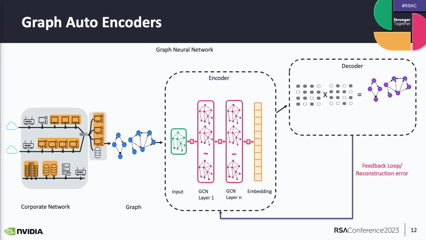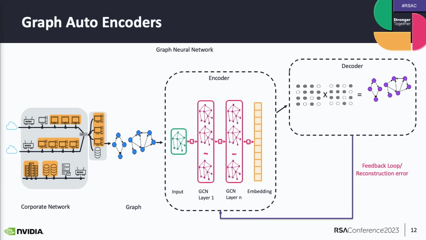The encoder module takes this graph and comes up with asset embeddings. These asset embeddings are then used as input to the decoder module. The job of the decoder module is to take these embeddings and try to reconstruct the original input graph. In other words, the output of the decoder will look very similar to the input of the encoder.